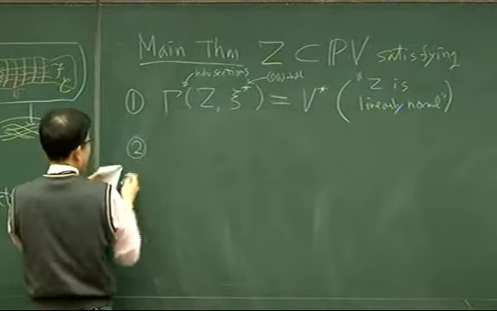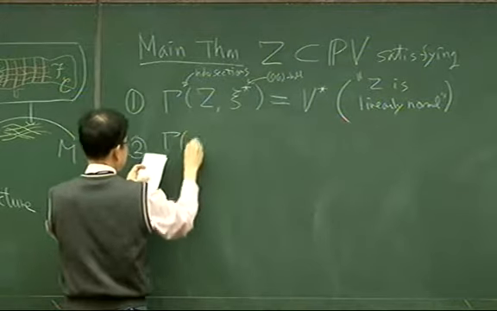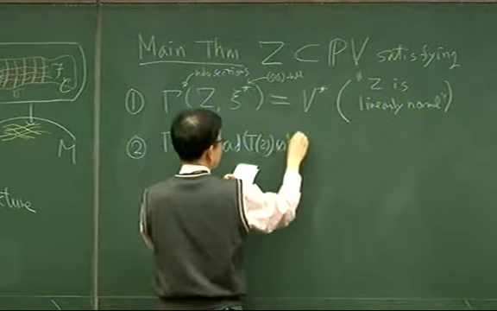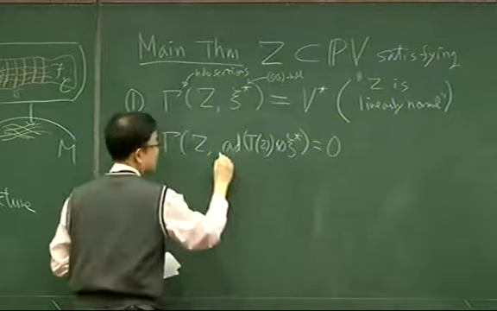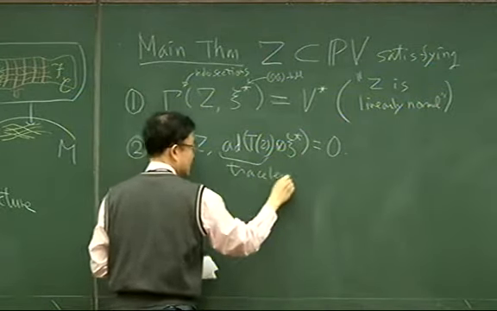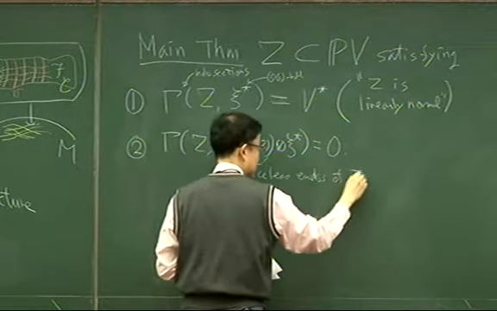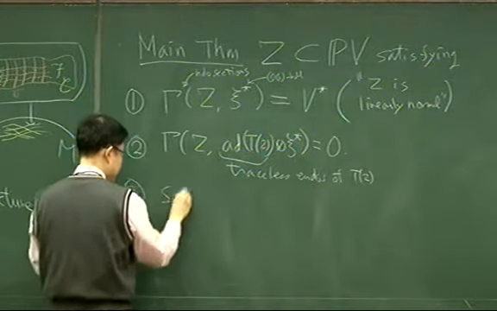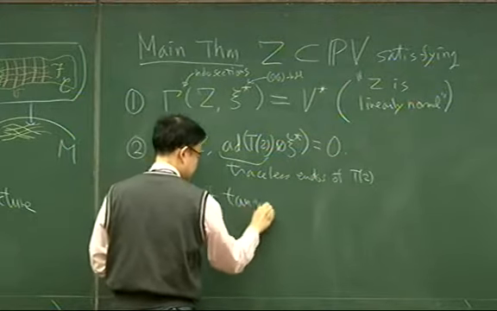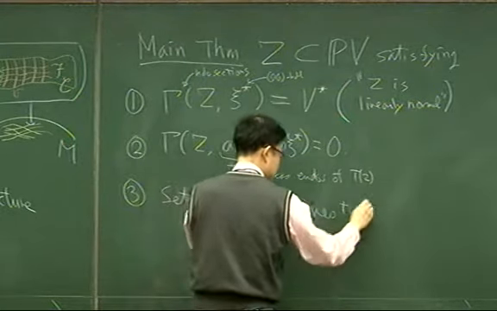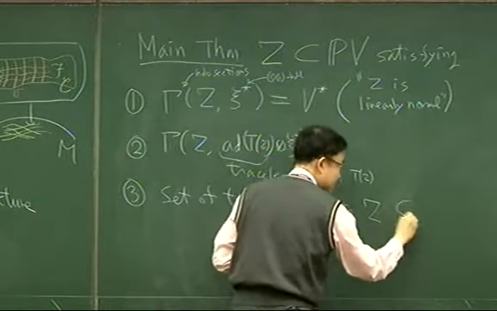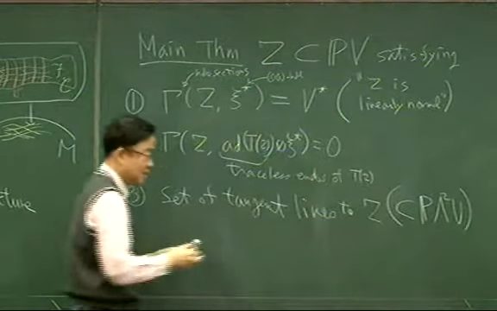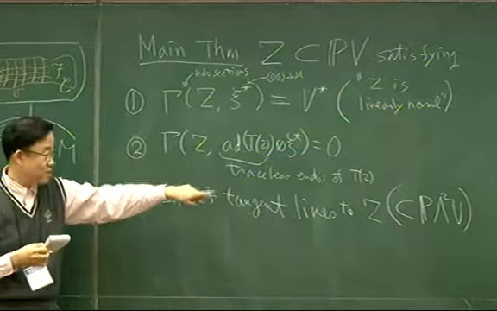Second, I assume that this gamma is 0. And here this means the traceless endomorphism of the tangent bundle. Third, the set of tangent lines can be regarded as a subset in the second exterior power of the vector space.